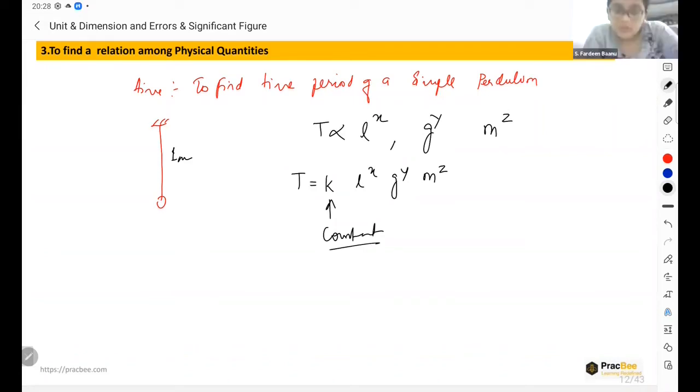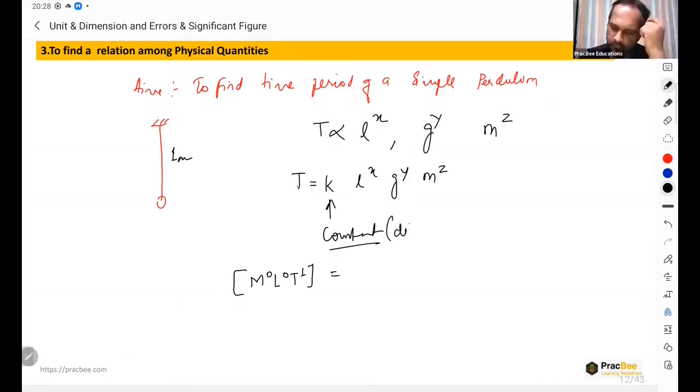Now the dimension of time period is M^0 L^0 T^1. K is dimensionless; these constants are just pure numbers, so they are dimensionless.